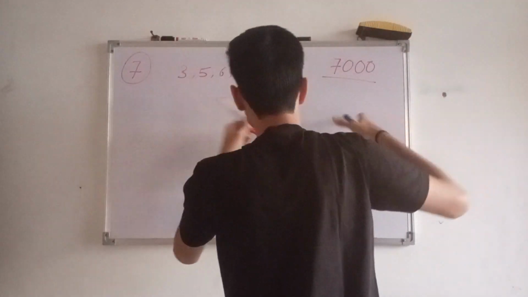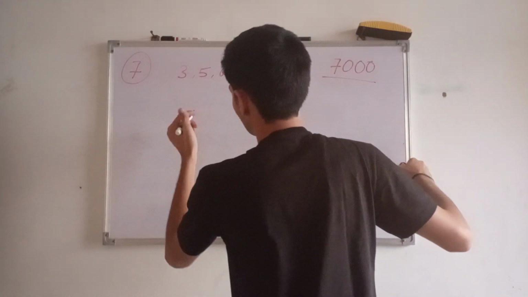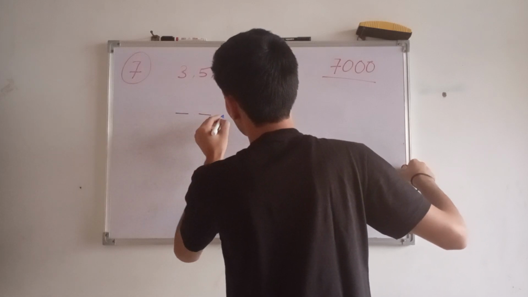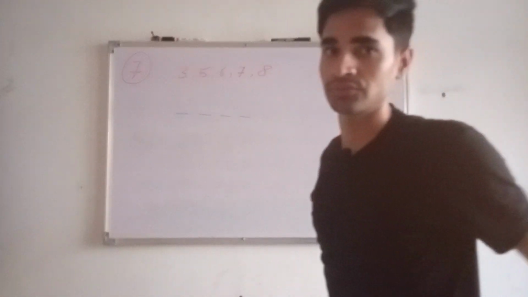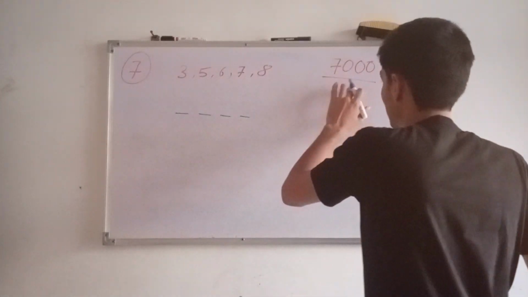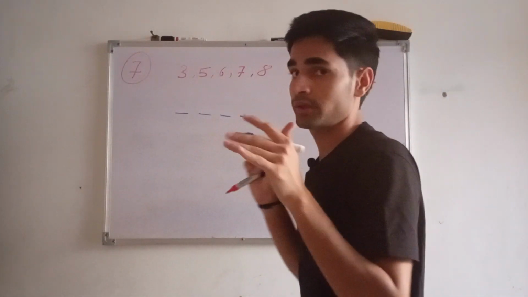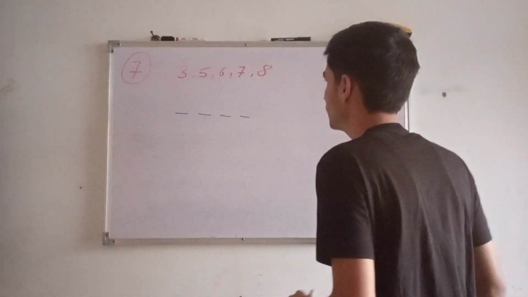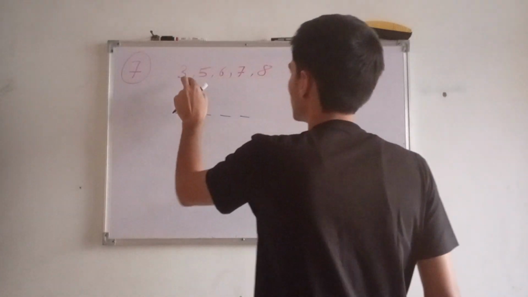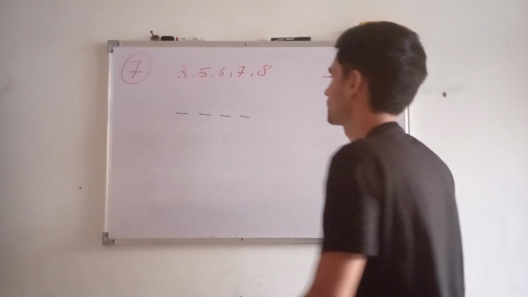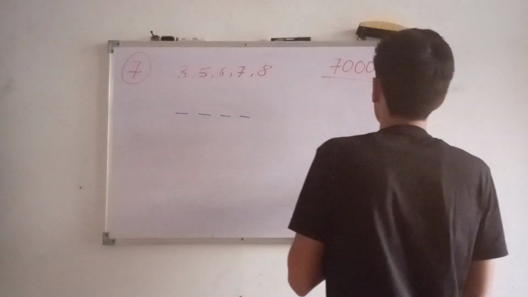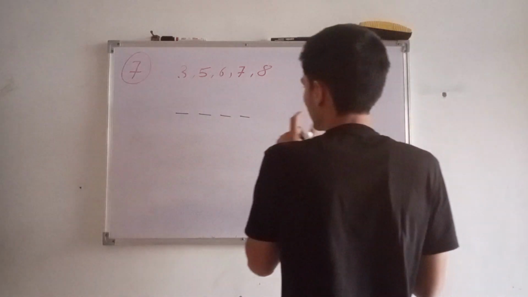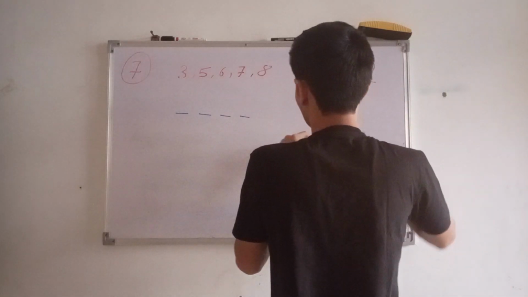If we consider a 4-digit number, there are 5 digits and we need to find numbers greater than 7000, which is a 4-digit number. So there are 2 possibilities. The number can be a 4-digit number and it can also be a 5-digit number, because we have a total of 5 digits.